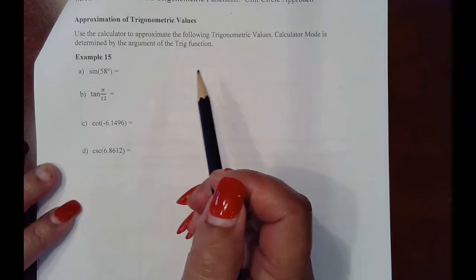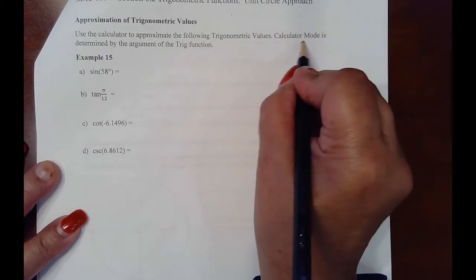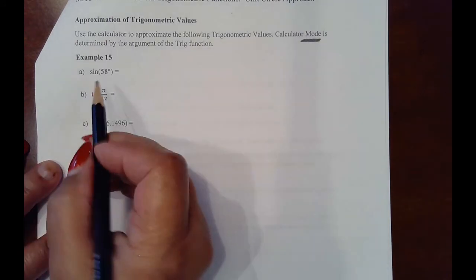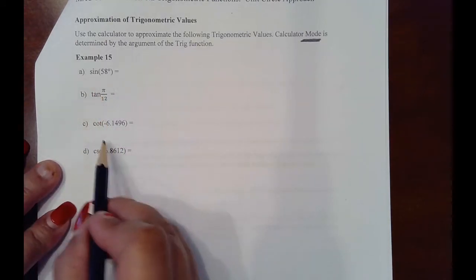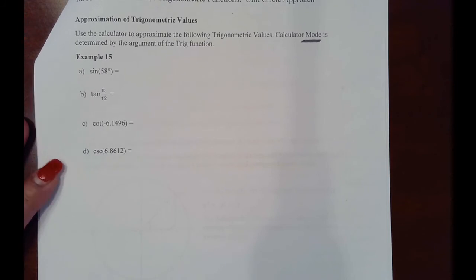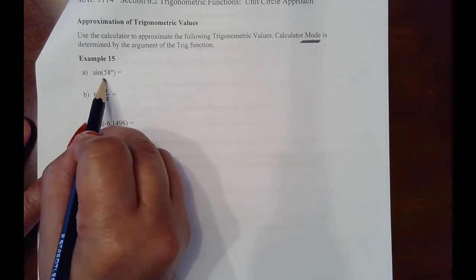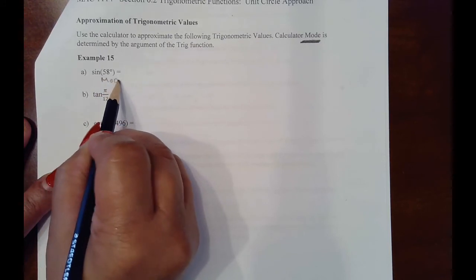I wanted you to notice that your calculator has a mode button, and the mode is determined by this argument. This is called the argument, whatever you are finding the trig value for. If it is in degrees, then the mode should be in degrees.